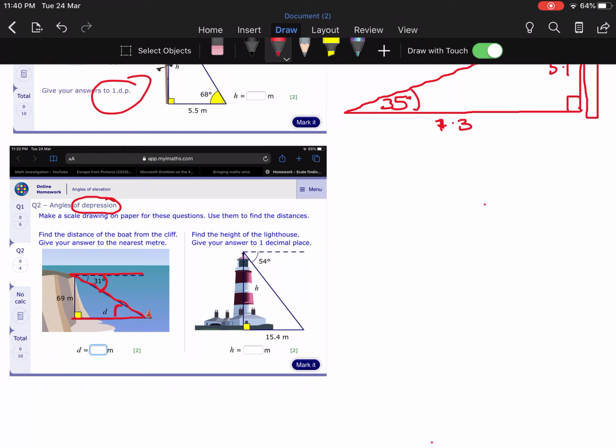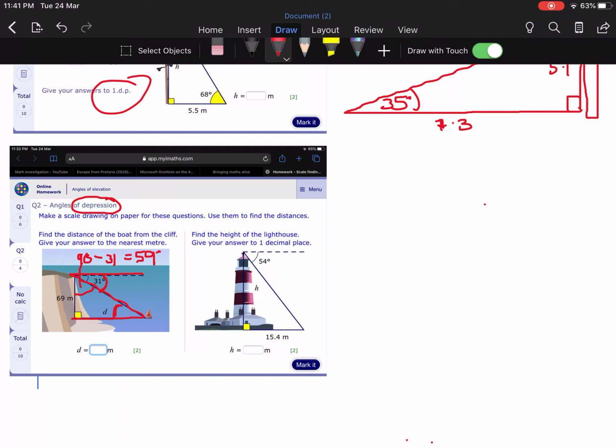So all you do again is get your protractor and draw an angle of 31 here. Or if that's 31, then this angle here is 90 minus 31, which is going to be 59.